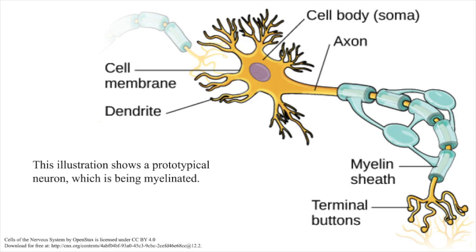The nervous system is composed of two basic cell types: glial cells, also known as glia, and neurons. Glial cells, which outnumber neurons 10 to 1, are traditionally thought to play a supportive role to neurons, both physically and metabolically.